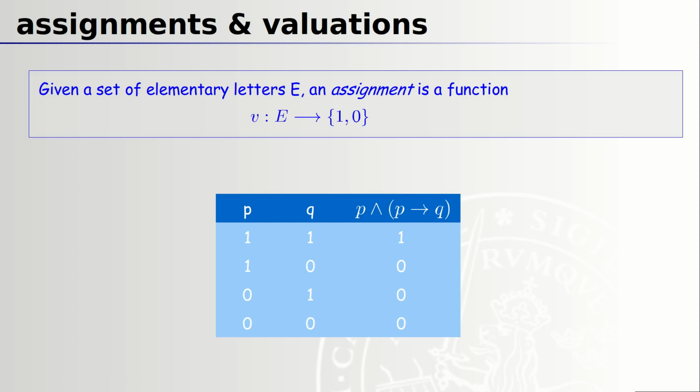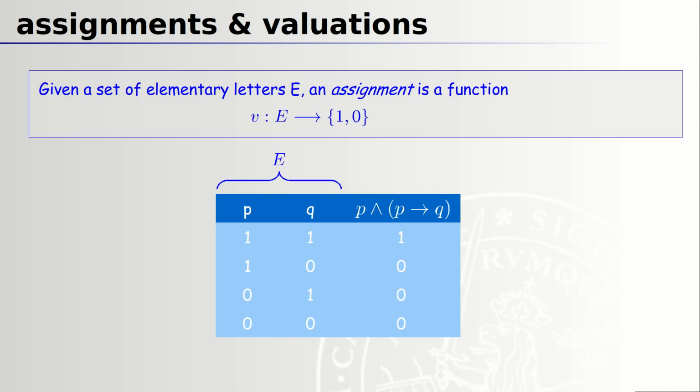First, however, we need some concepts to talk more precisely about how formulae are evaluated. Suppose we have a set E of symbols representing the elementary propositions of some formulae we are interested in. A function v that maps each of those elementary letters to either 1 or 0 is called an assignment.